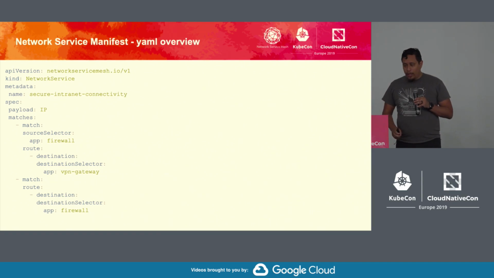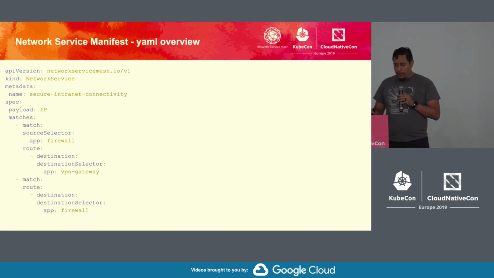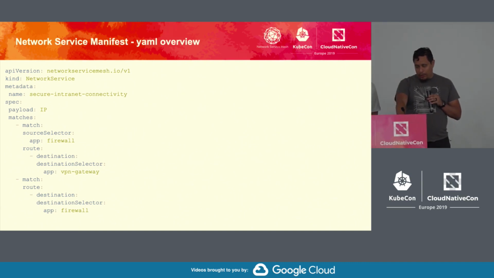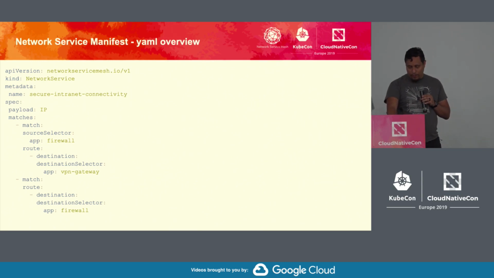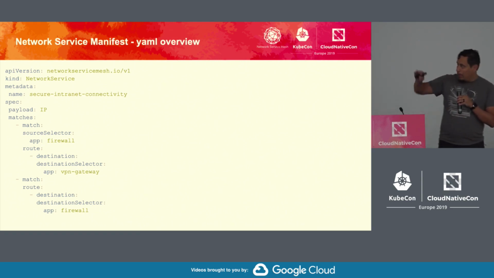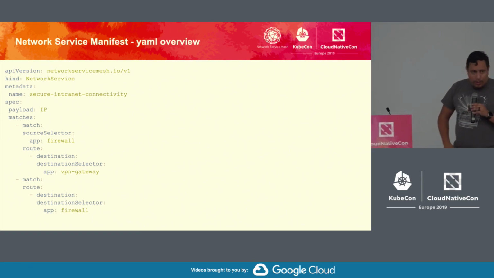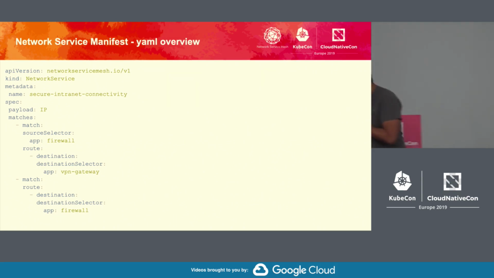This is one of the areas where, if you see, we have a source selector. This actually specifies two endpoints that we're looking at. One of them is a default match. When you connect in, the default match is empty. We have a route to a destination. The destination says app firewall. That's actually the bottom one. Maybe I should come around so I can point it out.